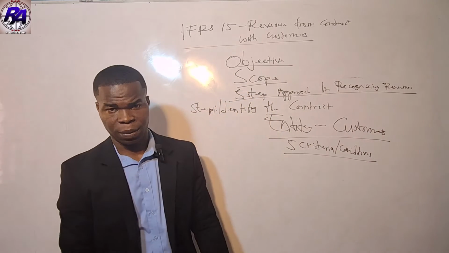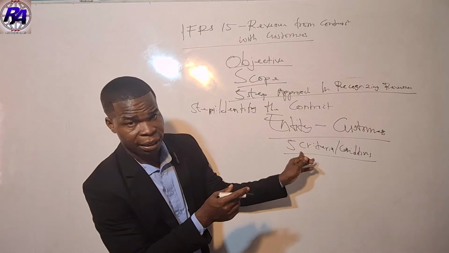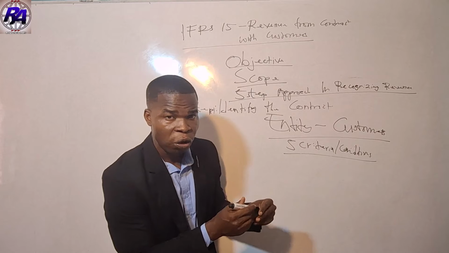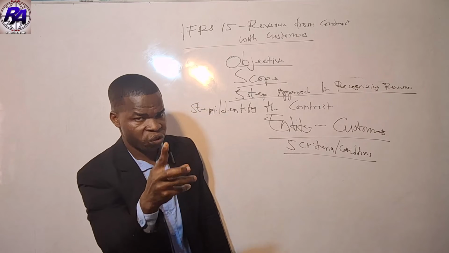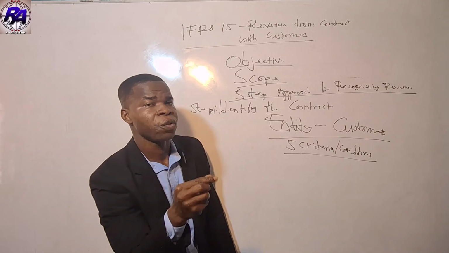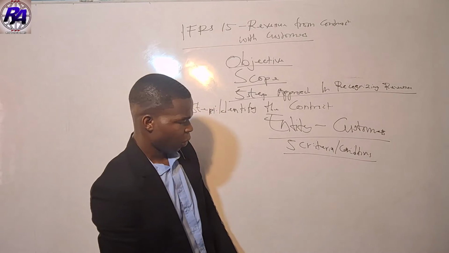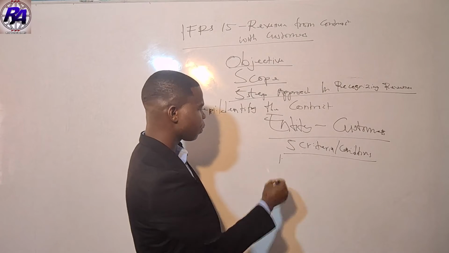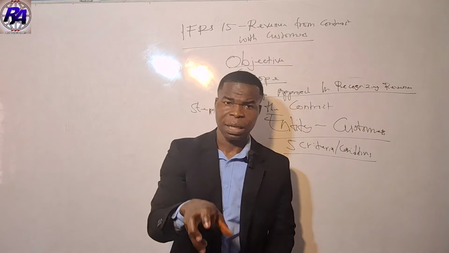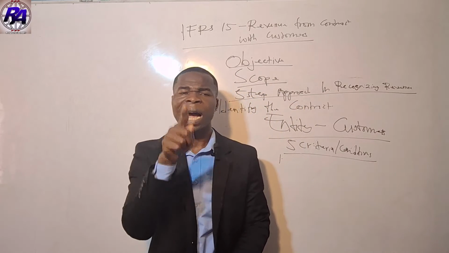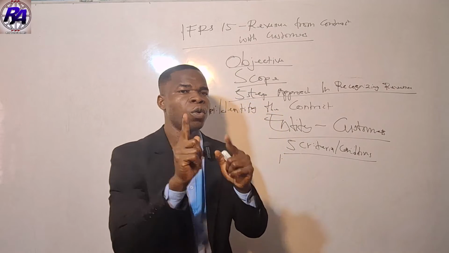Now let's look at the criteria. Please, this is not a step, this is the criteria, the condition that will warrant that there is truly a contract between an entity and the customer. All right. Condition 1. The parties to the contract have approved the contract and are committed to perform their respective obligations.